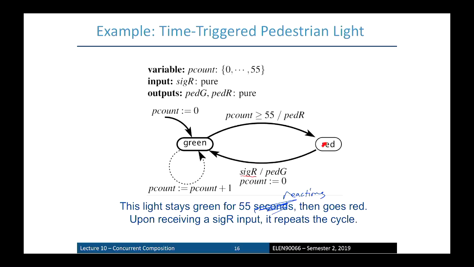Okay, so then we can go to green, right? And we set the pedestrian green light to be on. We reset the counter and then we update the count again. So the light's going to stay green for 55 seconds, basically, for the pedestrians to cross. Okay, reactions, I should say. We'll assume it might be seconds.